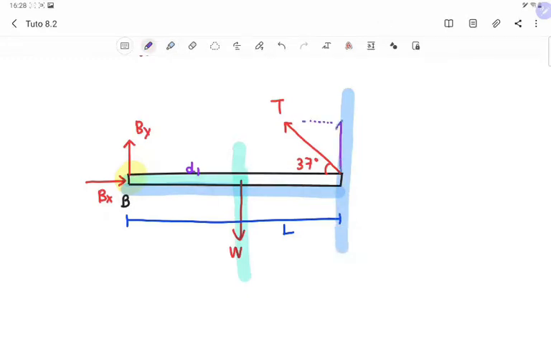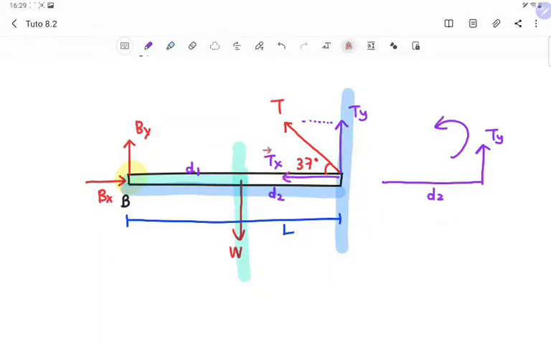This one would be Ty and here would be Tx. Therefore the component Y of T will cause torque. Why? This is D2. Okay, D2 the blue color and then we have Ty. So this one will rotate anti-clockwise.